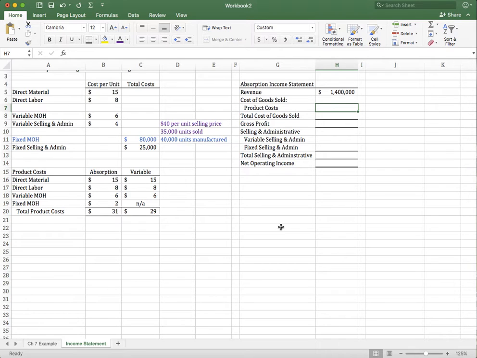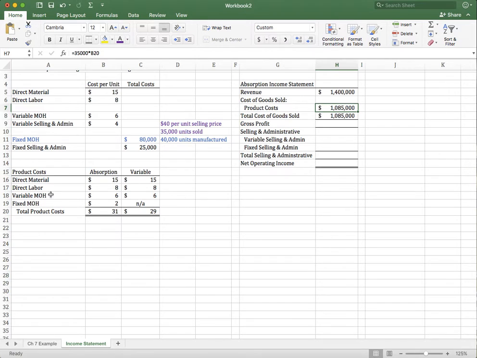We're not going to use the units manufactured because some of that will be left on the balance sheet, or ending inventory. So with that said, 35,000 units multiplied by our total product cost under the absorption method. So that's going to be 1,085,000.